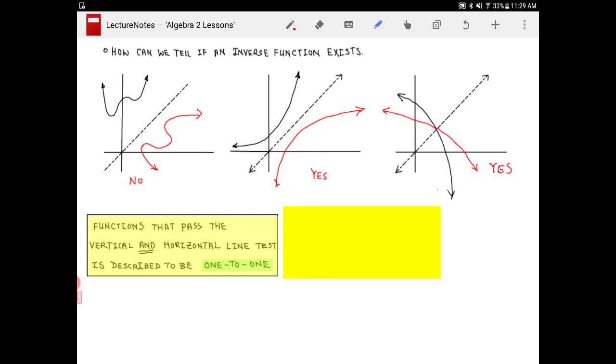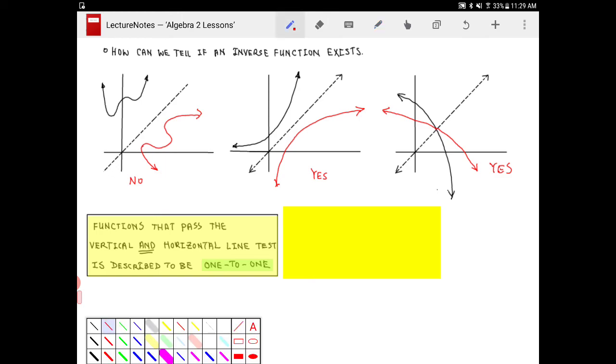And what does it mean for something to be one-to-one? Well, what that means is every x on this graph has its own unique y. The y coordinates will never, ever repeat themselves.